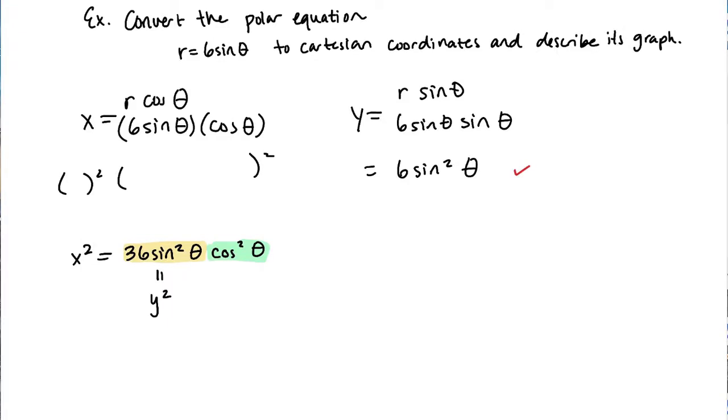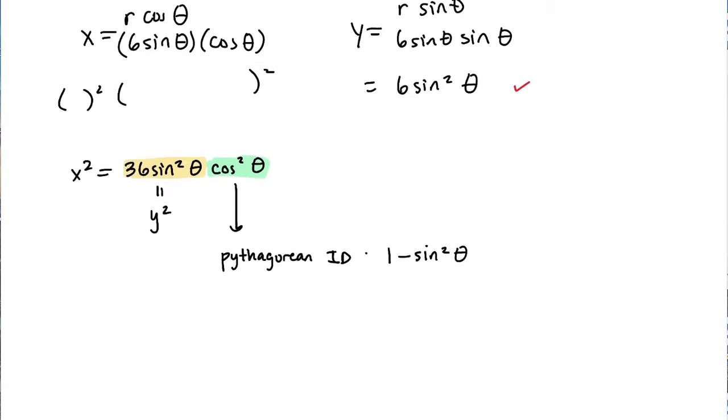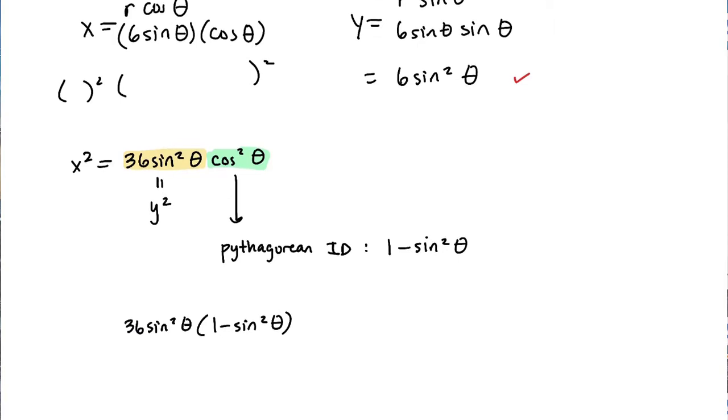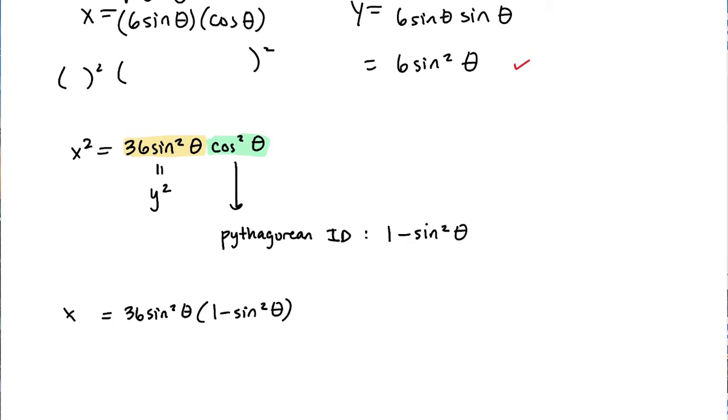What if I used my Pythagorean identity to say that cosine squared is 1 minus sine squared? It definitely is. So if I rewrite this as 36 sine squared theta times 1 minus sine squared theta, now I have something that's in terms of only sine squared, and I like that.